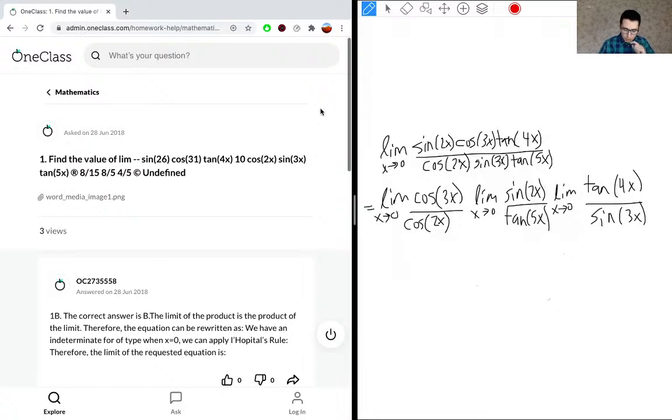So we can see how these two are equivalent. We just kind of split up the limit into 3 separate limits.